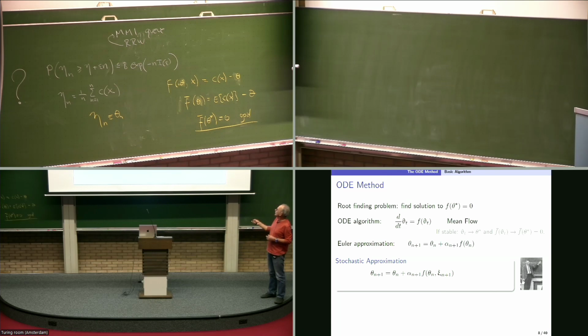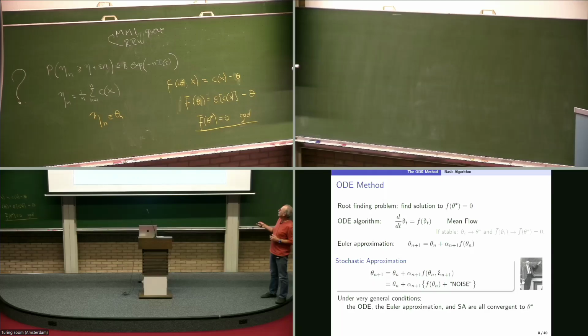There's this noise sequence here that came up in the zeroth order optimization techniques. The mean of this in some sense is equal to this. And that's a picture of Robbins from the 50s. And this is the Robbins-Monro algorithm.